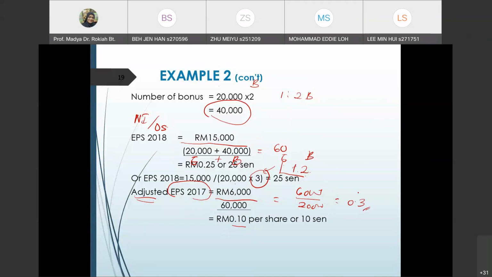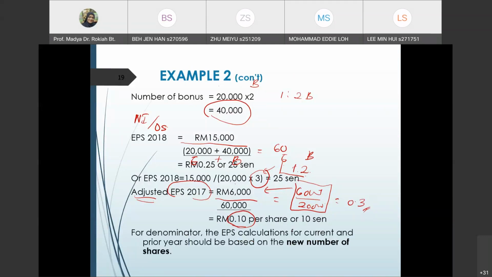And then after the adjustment, the earnings per share here is only 10 cents. The denominator for the EPS calculation for the current and prior year should be based on the new number of shares. So the new number of shares here is 20 from the existing plus 40 from the bonus, so together you have 60.